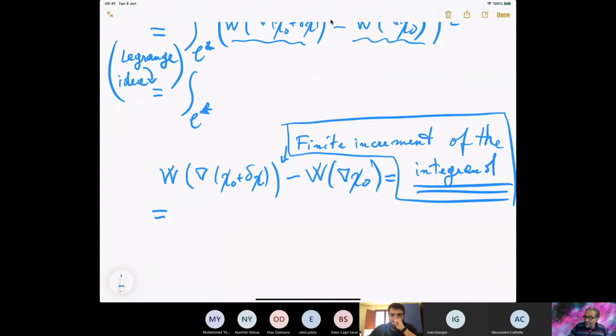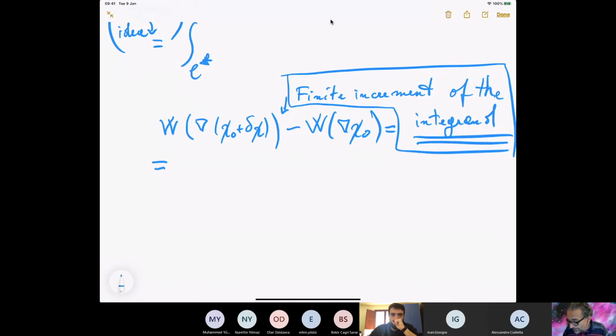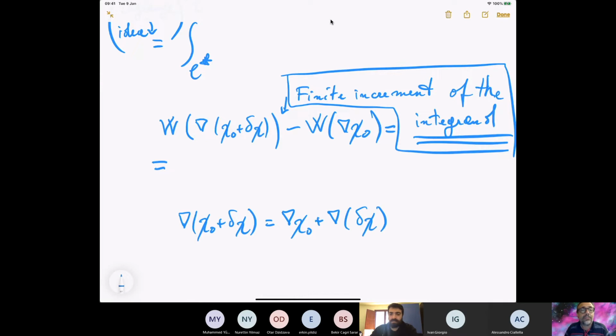So the very crucial idea is included in the following steps. First of all, grad of chi zero plus delta chi, I can write as grad chi zero plus grad delta chi, because the gradient of the sum is the sum of gradients.